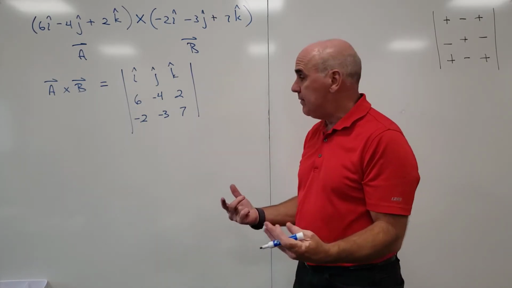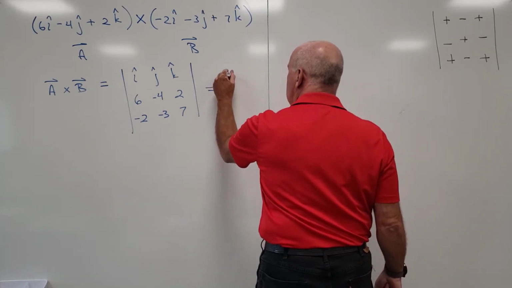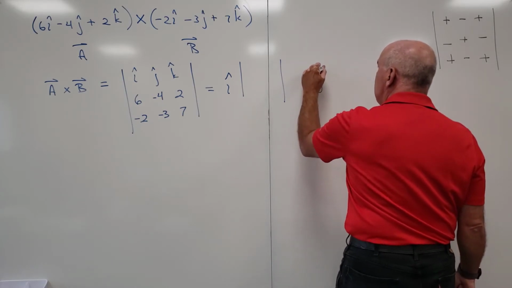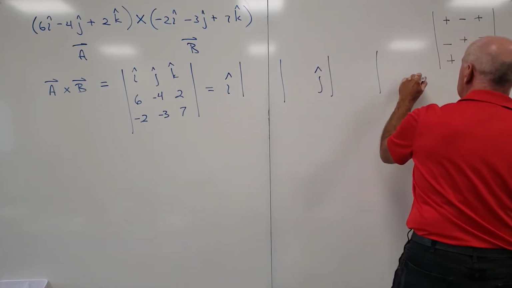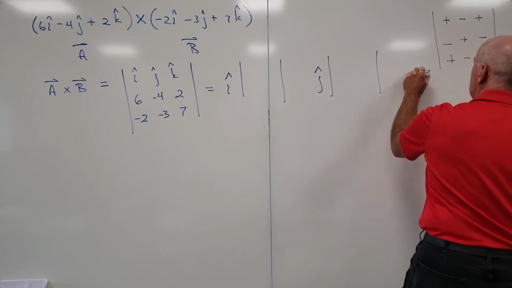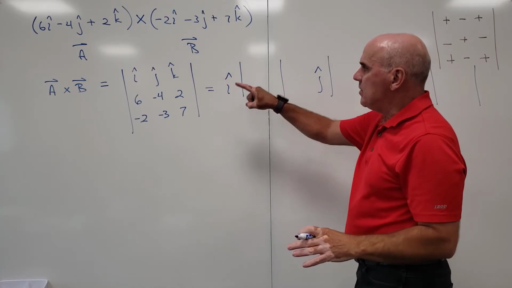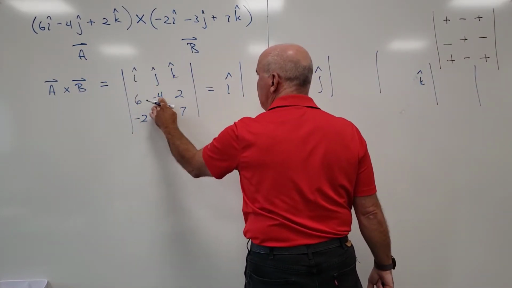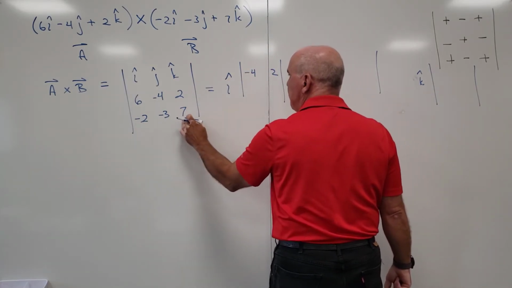Then to make life simple, I'm going to write this out: I hat and the minor for I hat, J hat and the minor for J hat, and then K hat and the minor for K hat. Sorry for the level change. For I hat, take out the row and the column, I'm left with negative 4, 2, and negative 3, 7.